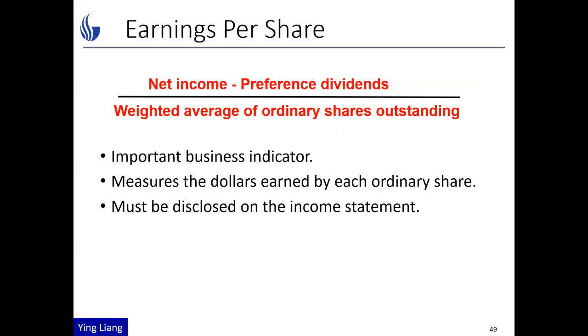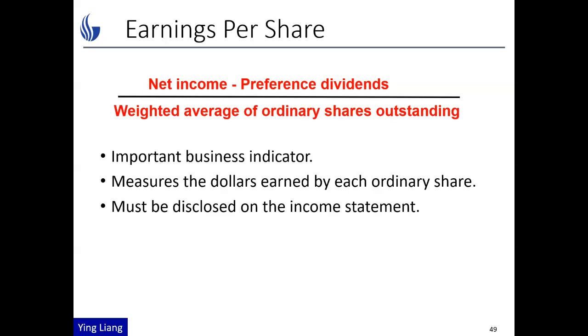So the denominator is the number of shares, and the numerator is a dollar amount, the total earnings, net income. In the end, it measures the dollars earned by each ordinary share.